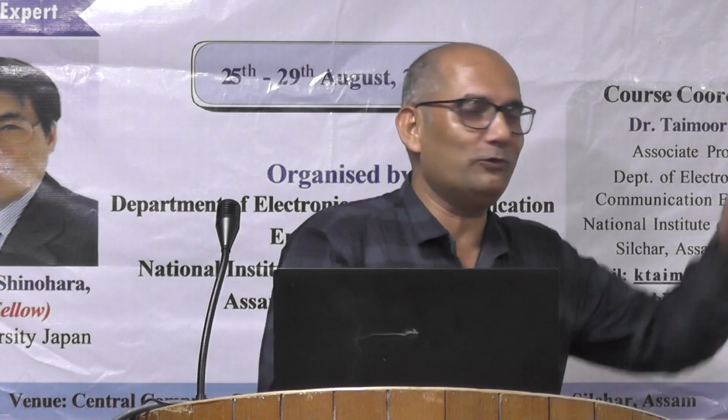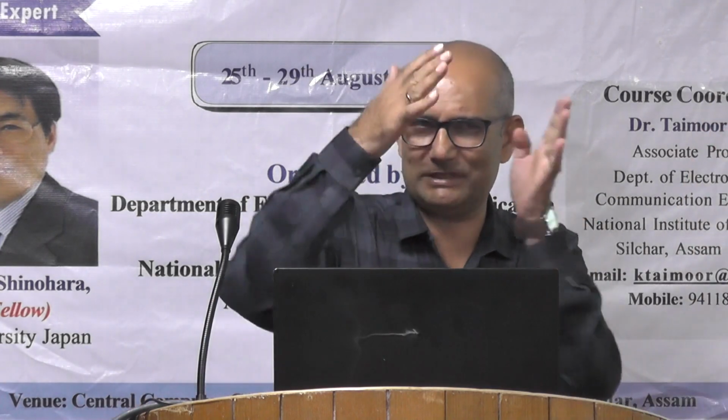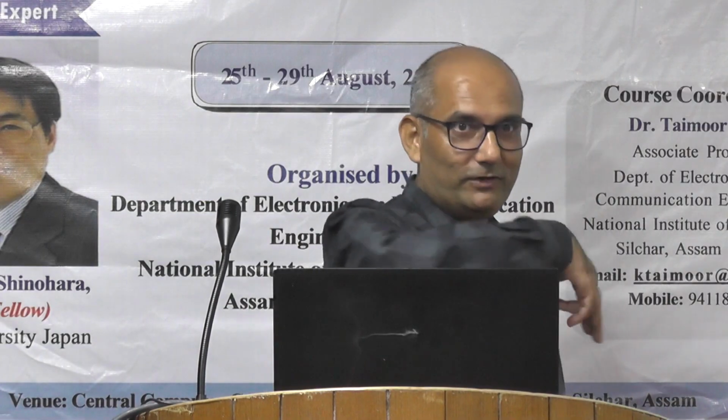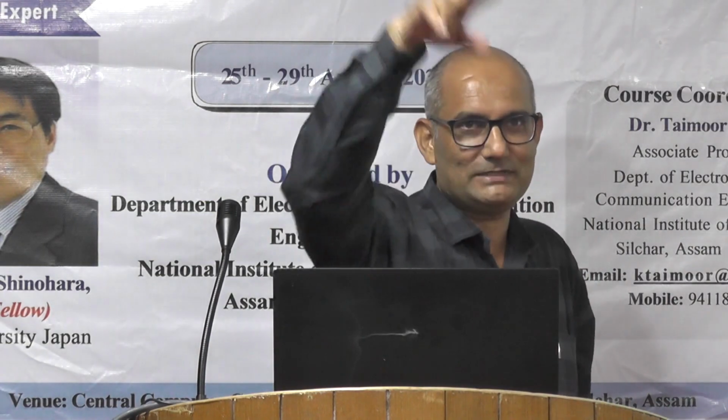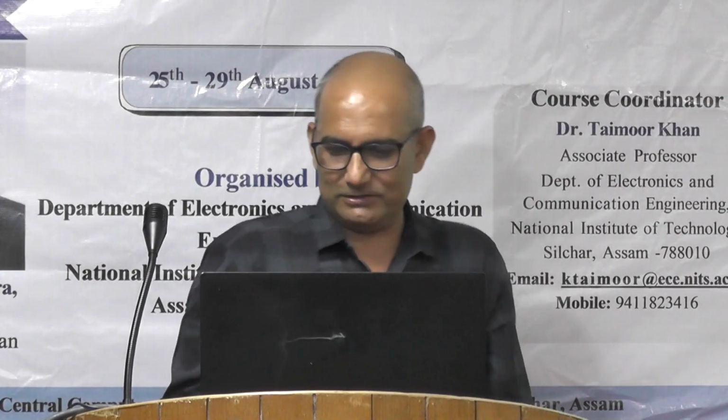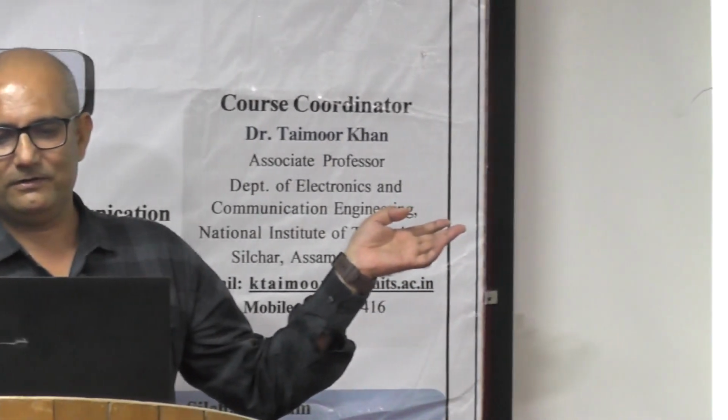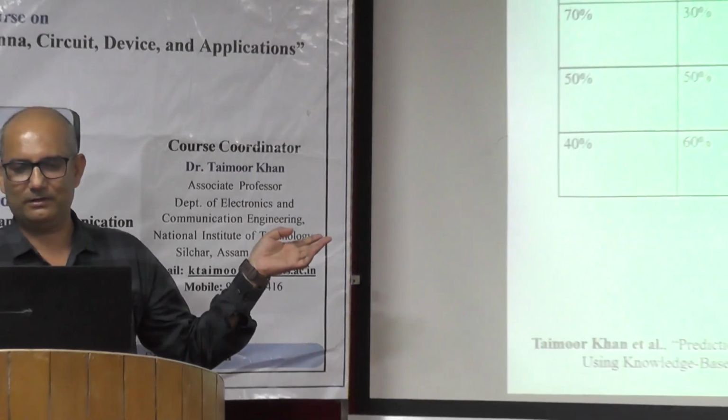No. Up to 40-60% reduction, in several cases we have tested, there is no problem at all. If you go further below 40% in training, the KBNN errors start increasing after 60%. Just see the last example.